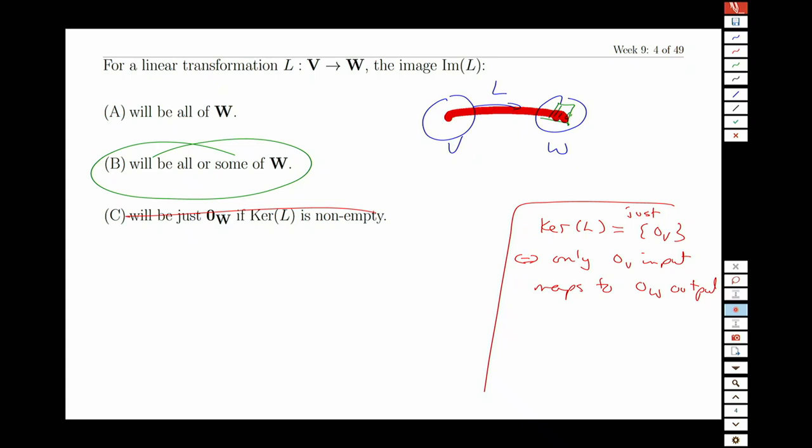That's one of the results of being a linear function. But sometimes other points might also map to 0. But if we had this, that turned out to be equivalent to, or if and only if, some other statement about the function. Bit of a deeper dive here.